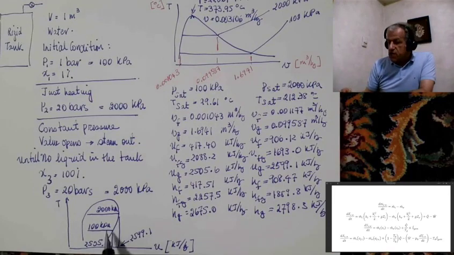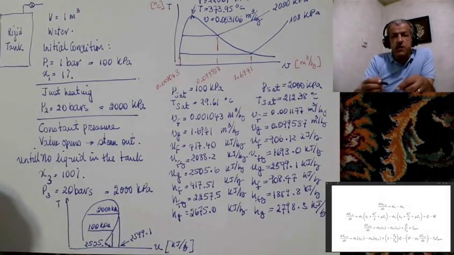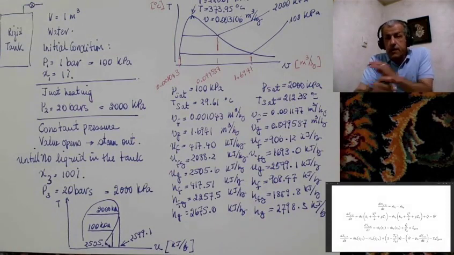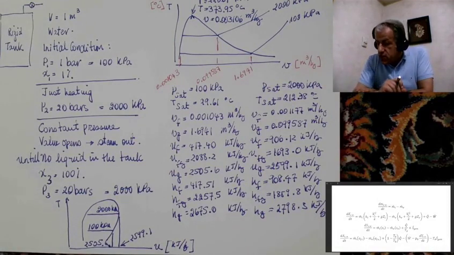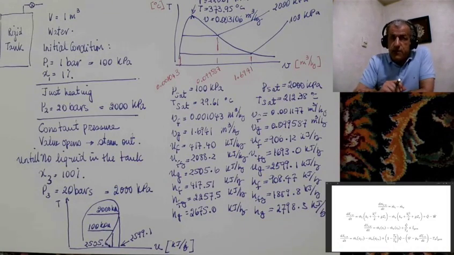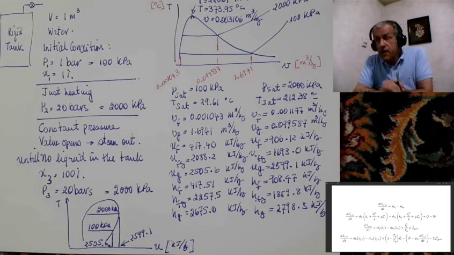You see, the shape of saturation line on the vapor side is totally different for a TU diagram as compared to a TV diagram. And the two diagrams differ. So we have to learn how the saturation lines show on different diagrams.